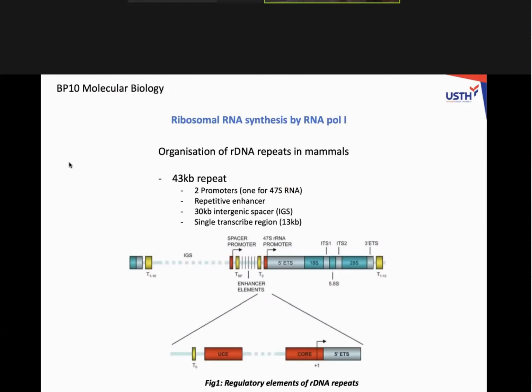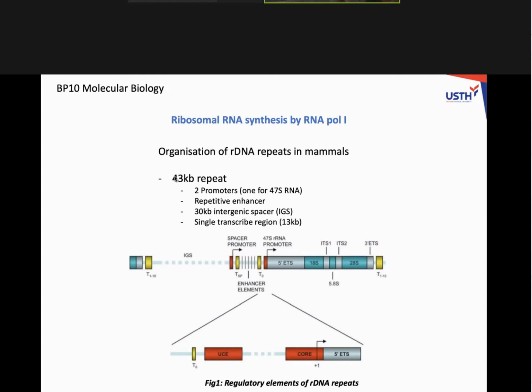So do you have an idea, in terms of genomic organization, where these 50 kb repeats that contain the sequences transcribed by Pol1 are located in the nuclei? Also in the nucleolus. Exactly, because what do you know about the nucleolus in the nucleus?